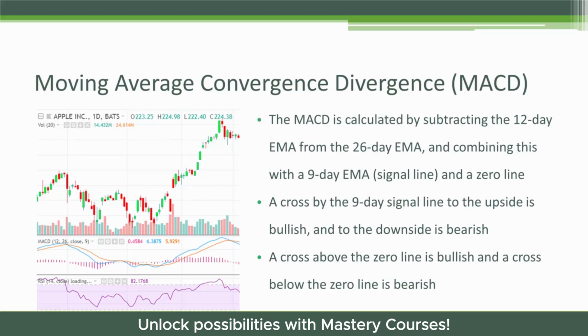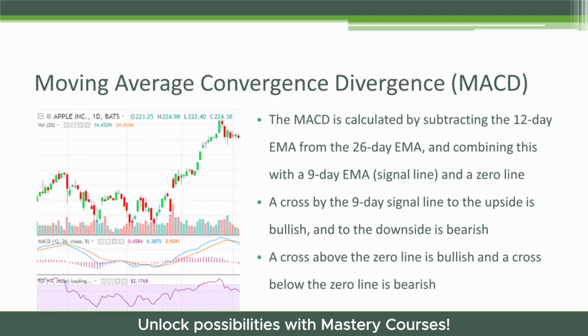When both lines are above the zero line, that means the fast signal 9-day line is above the slower line, and that's bullish. That means the stock is in an uptrend because the closing prices are moving up. When the 9-day signal and the slow line cross below the zero line, that's a bearish signal as the closing prices are moving down. Remember, the EMA is a momentum indicator, and it's also based on historical prices.